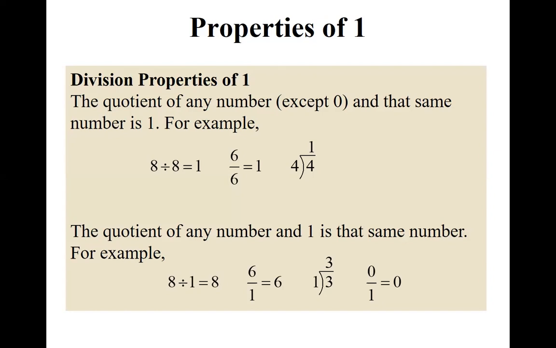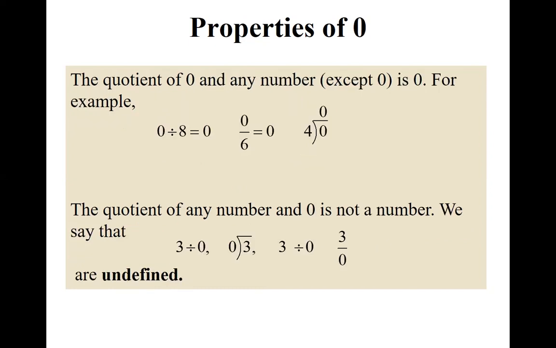0 divided by 1 is 0. Why does 0 get to be another example more than the 3 that we showed for the first one? Well, it's because 0 itself has some special properties. The quotient of 0 and any number except 0 is 0.